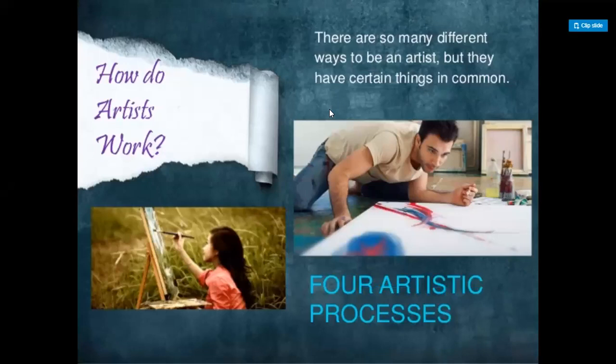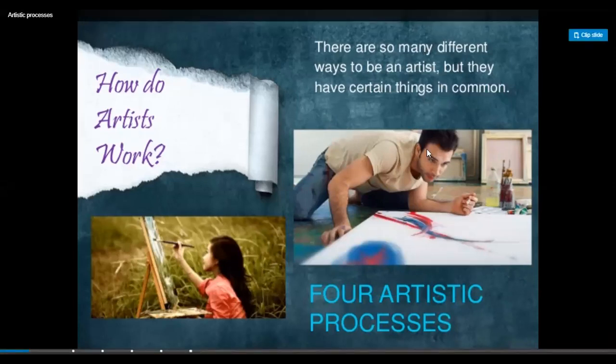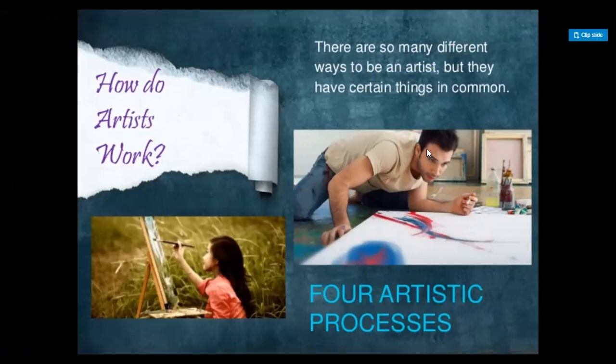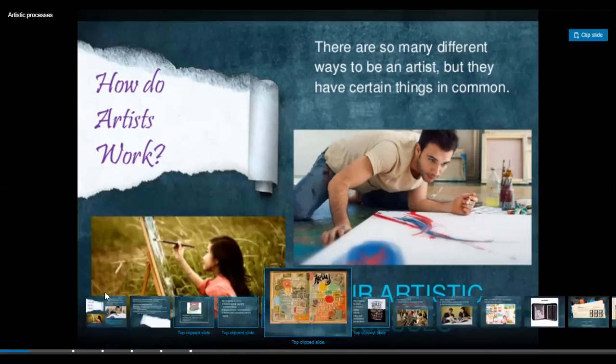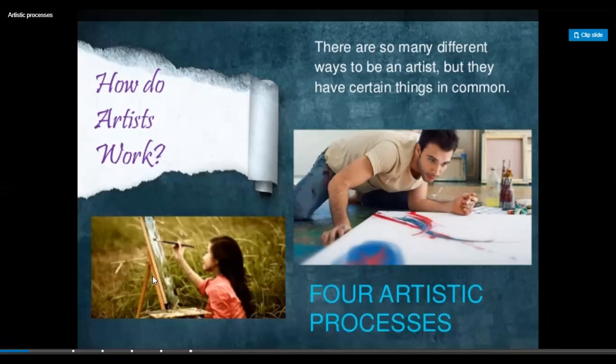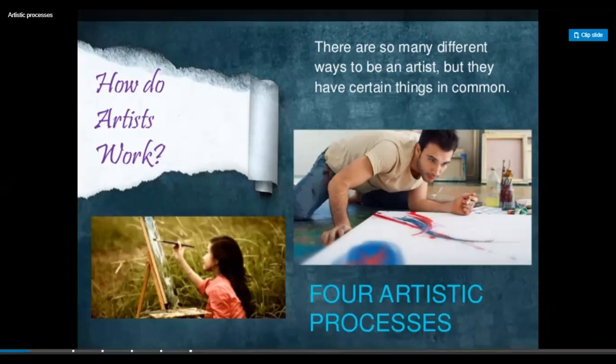From the word art appreciation, there are so many different ways to be an artist, but they have certain things in common. And these are the four artistic processes that we are going to discuss today. I got this slide from Slideshare.